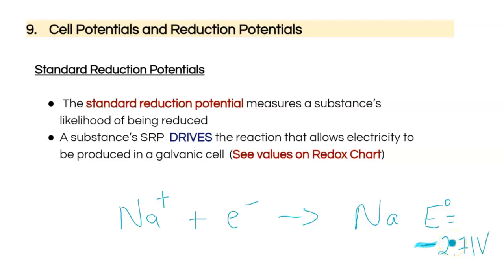What this is saying, what this is describing is the likelihood of sodium to pull an electron towards itself and away from something else. Okay, so that is what this standard cell potential value is describing. And so it's describing its ability to pull an electron off of another substance.